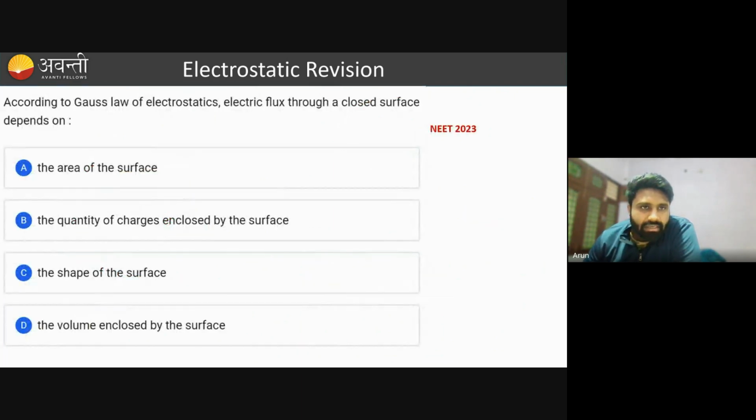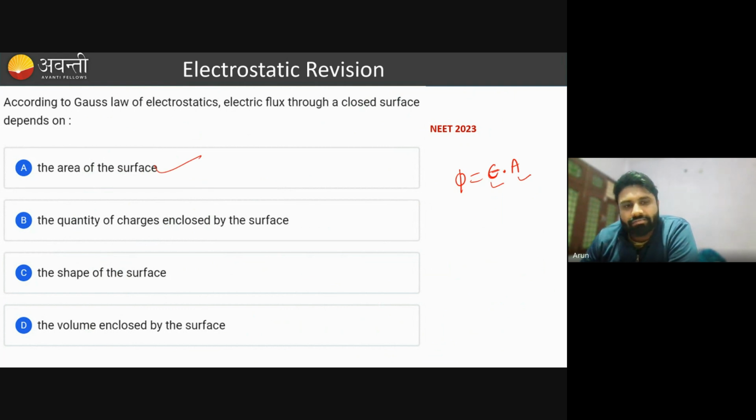Now, according to Gauss law of electrostatics, electric flux through the closed surface depends on the area of the surface, the quantity of charge enclosed by the surface, the shape of the surface, and the volume enclosed by the surface. Okay, so we know that flux depends only on the electric field E dot the surface area.